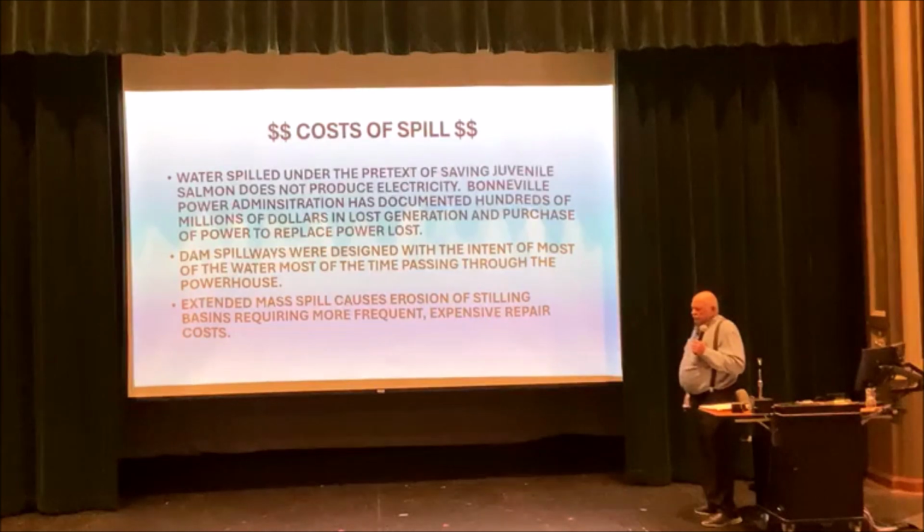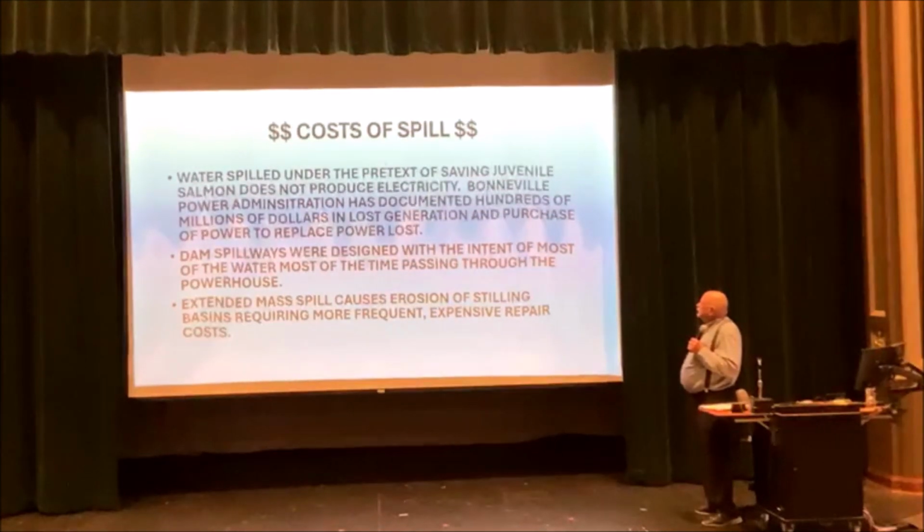Oh, someone wanted to know what the cost of spill was, so I just briefly wrote this up. Spill in the pretext of saving juvenile salmon doesn't produce electricity. Fred made that pretty clear. Bonneville Power Administration has documented hundreds of millions of dollars in lost generation and purchase of power to replace power that was lost.